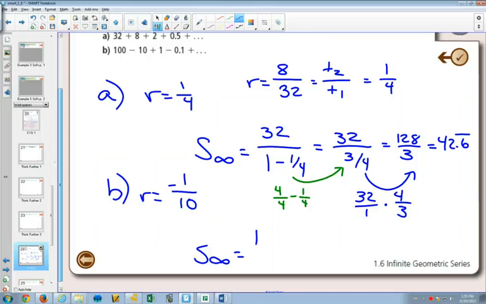Term 1 is 100 over 1 minus negative 1/10. As a fraction, this will be 1,000 over 11. And as a decimal, it is 90.90 repeated.